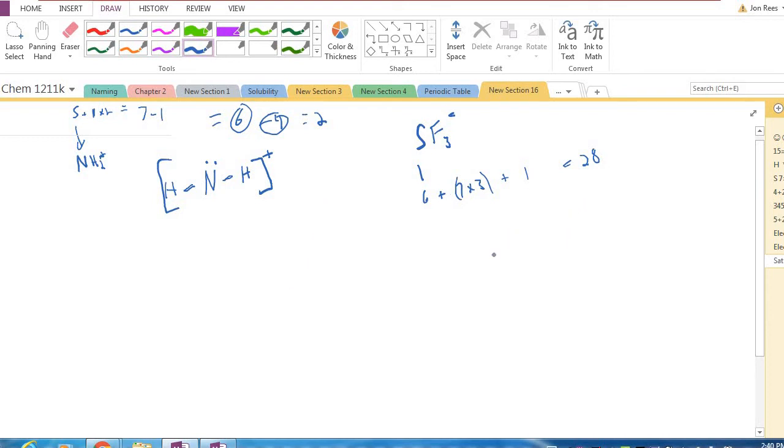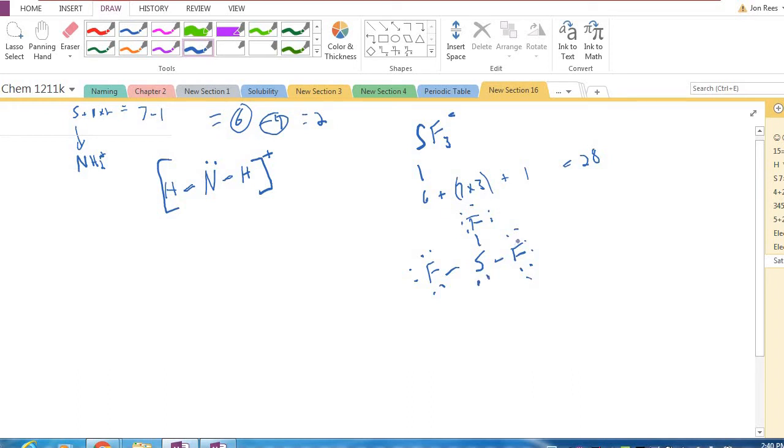Let's draw the structure here. I've got S, F, F, F, those 3 fluorines. Now let's complete the octet around the fluorines. In the structure that was proposed, they had a lone pair right there.